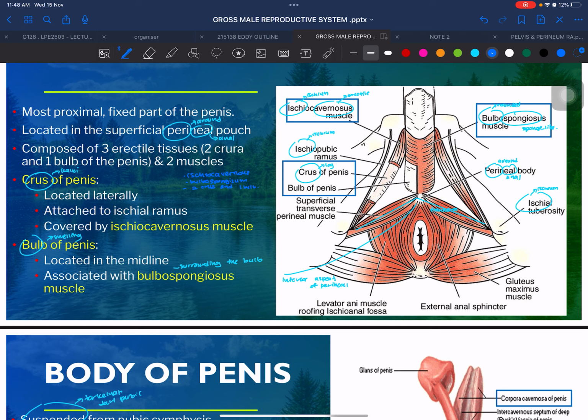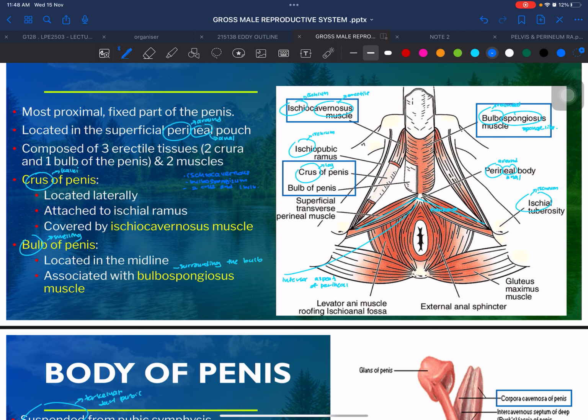Okay, so the crus of the penis is located laterally, attached to the ischiopubic ramus and covered by the ischiocavernosus muscle. Okay, the bulb of the penis is located at the midline and is covered by the bulbospongiosus muscle. Okay, these are the ones found in the superficial perineal pouch.